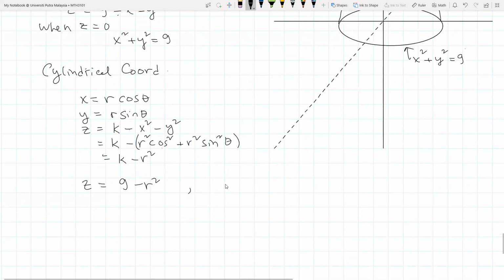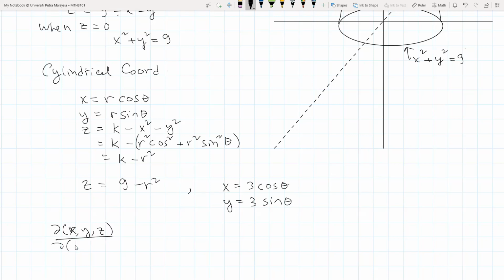And then x equals, and then y equals, and then how about the Jacobian of that? So the Jacobian of that is just you take the partial of x, y, and z with respect to r, theta, and phi, if it has phi.